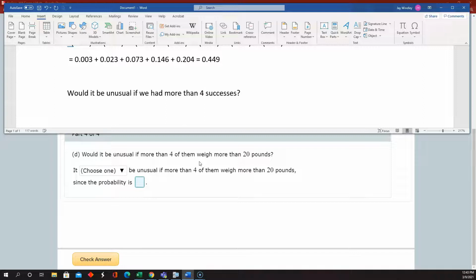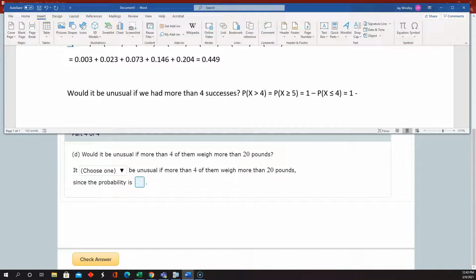Well, to answer that question, what is the probability that we have more than 4 successes? That's the probability of having greater than or equal to 5 successes, but that's the complement of having less than or equal to 4 successes.